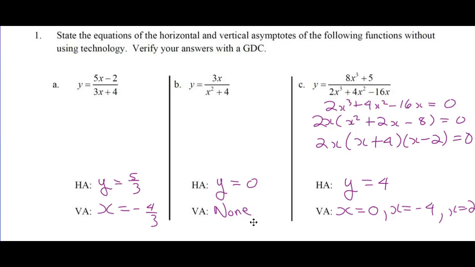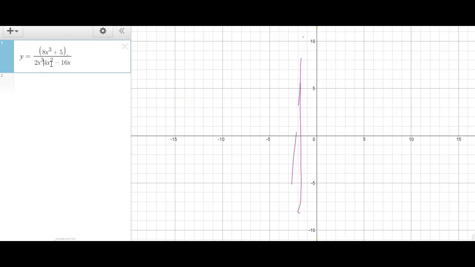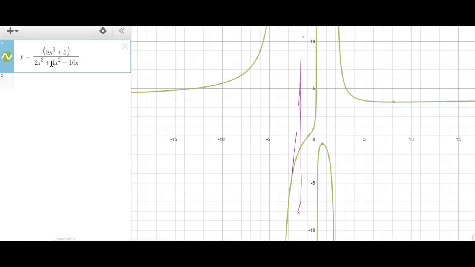Did I get the signs wrong typing it in? Yes, I did. It should be 2x cubed plus 4x squared. All right, my photocopy didn't look so hot. Okay, now we got there, minus 4.